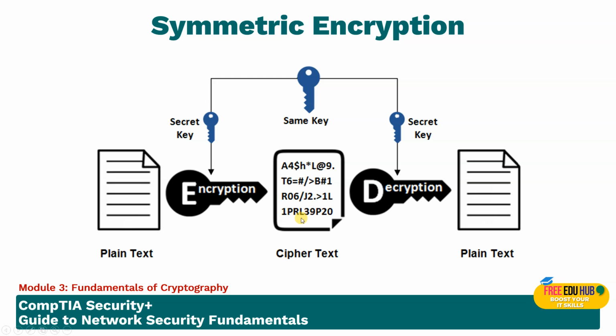It's just like if you are setting up a password on a WinZip file or a WinRAR file, you'll have to set a password on that, and then if you're sharing that file with someone else, you'll have to share the same password with the other person so that they can use the password in order to unzip the contents of the folder or the zip file. So it's a single key that is used in order to encrypt and decrypt.